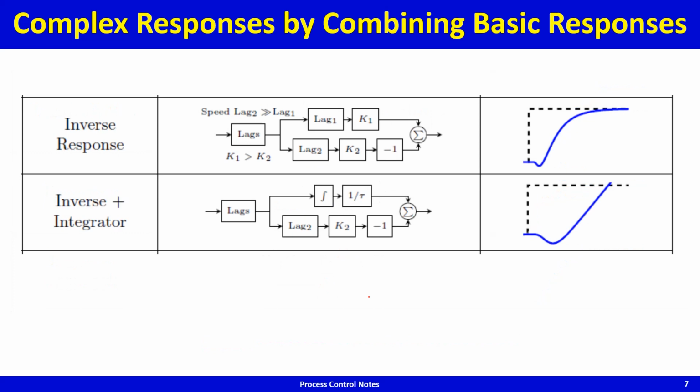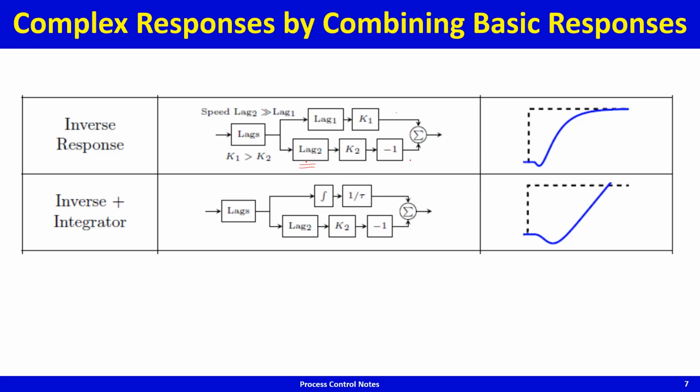Here are some neat combinations. Inverse response, which you will see. So there are a bunch of lags in series. K1 is greater than K2, multiply by -1. So basically this signal and this signal are being subtracted. The speed of lag 2 is much faster than of lag 1.